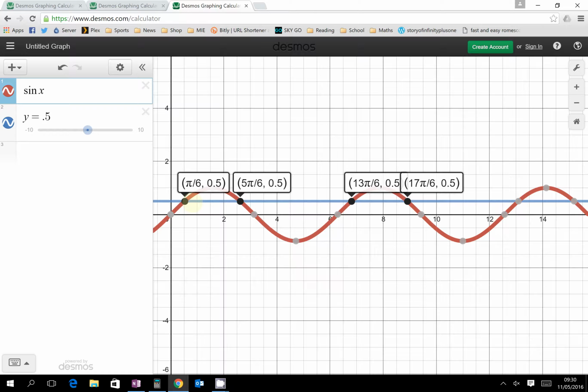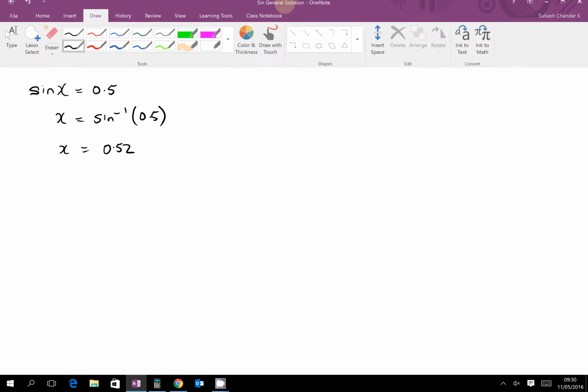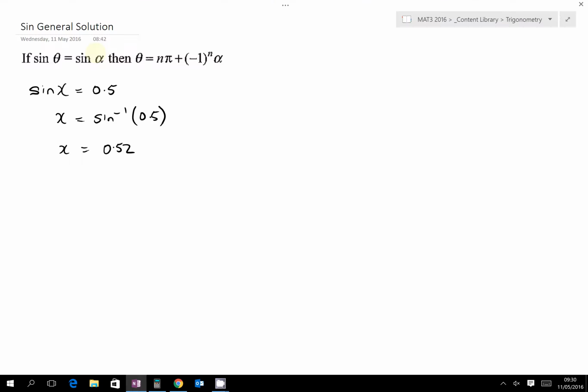Now, the trick is trying to generate all these infinite number of answers. So I'm going to go back here and I want you guys to just watch this part here. I've got, if sine theta equals sine alpha, then I just have to substitute all these things.